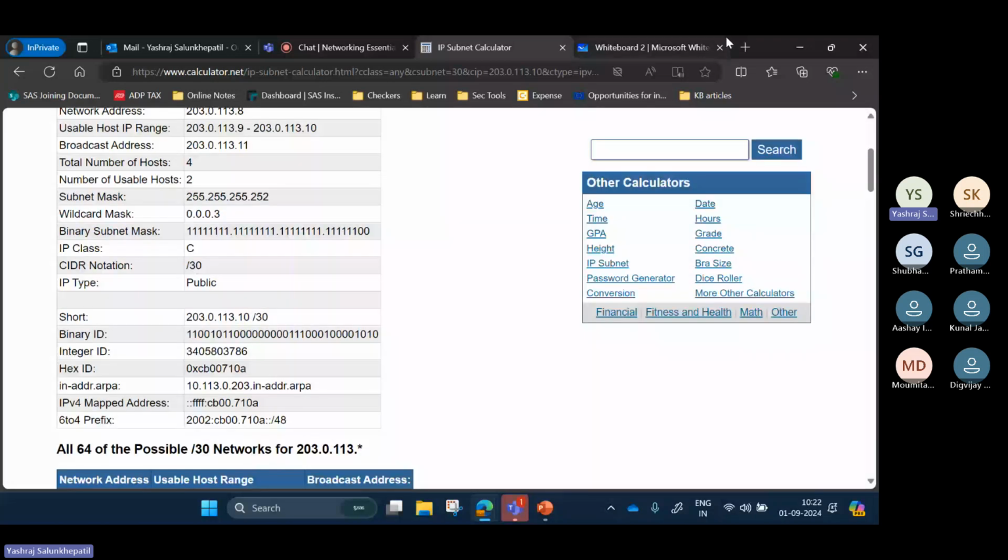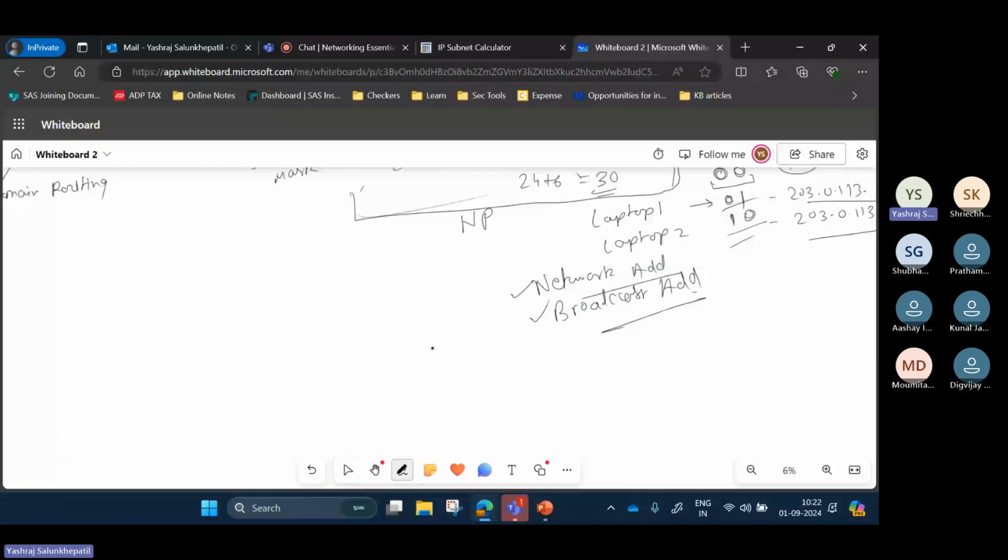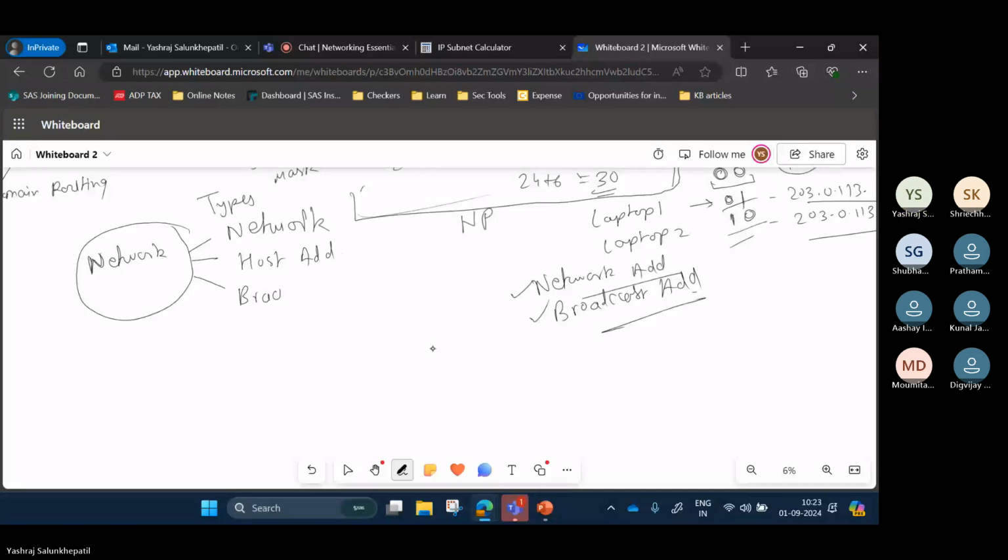अब what I mean is, दुनिया में जितने भी नेटवर्क्स हैं, all of them have 3 types of addresses. एक होता है नेटवर्क एड्रेस, एक होता है होस्ट एड्रेस और एक होता है ब्रॉडकास्ट एड्रेस. ठीक है.